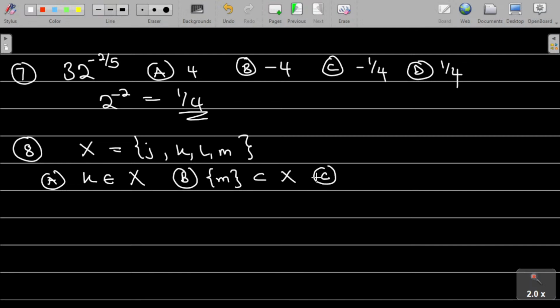Then C, we are given that J is like this. And then D, we are given that X is like this. Okay, so they said which of these is not true. All right, let me see what you think. So which one is not true from your view?